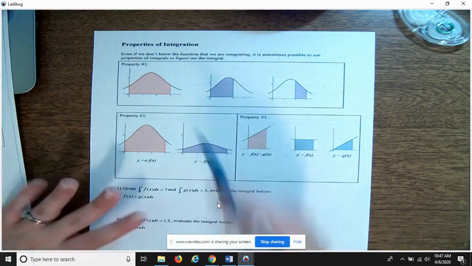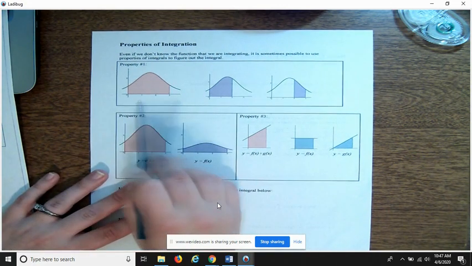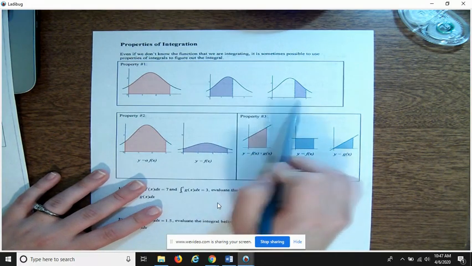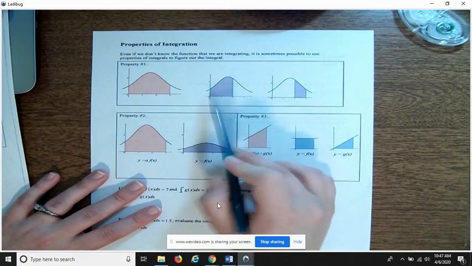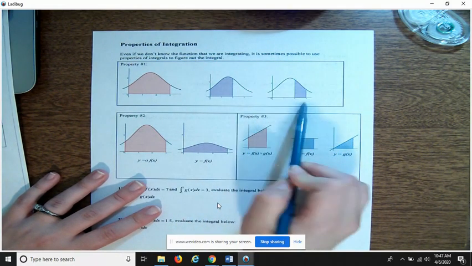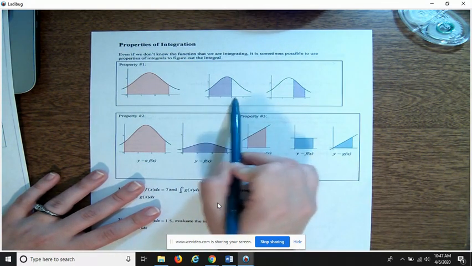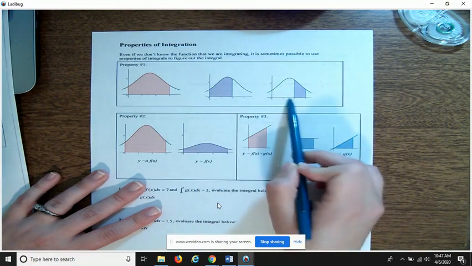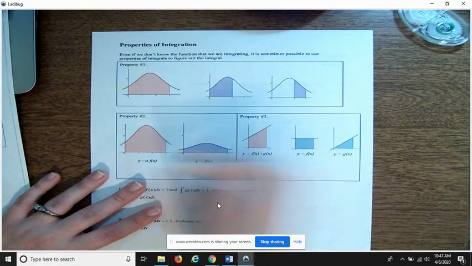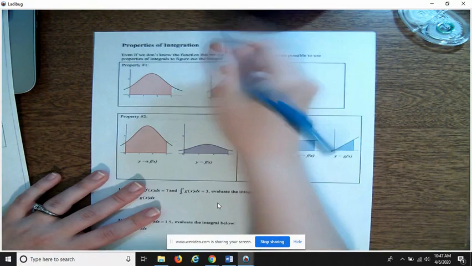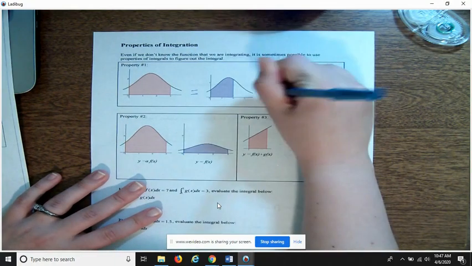So property one, we have this full integral right here. Notice that these two are the same function as this one, just on a smaller scale. If we know this first part from 0 to 2, and we also know from 2 to 3, we can figure out the full integral by adding them.